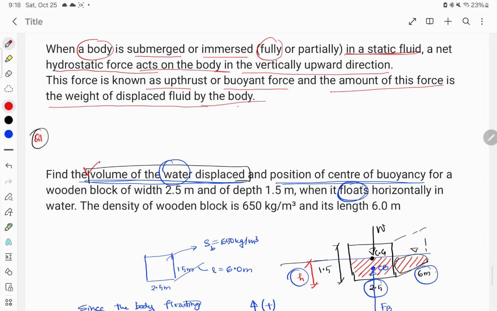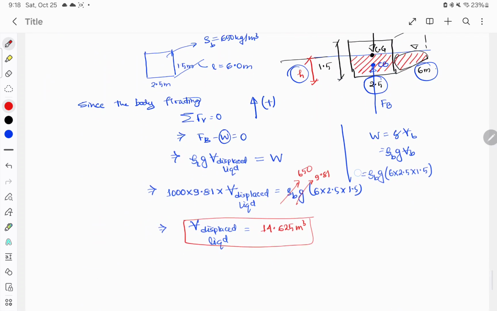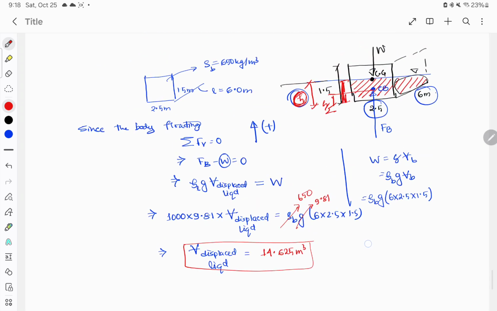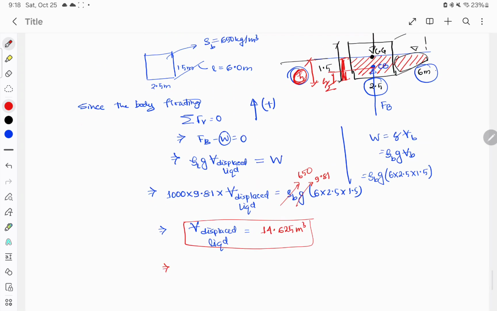But the volume was not the only question, they have also asked us the position of the center of buoyancy. So the position of the center of buoyancy is half of this h. If this was h, this is h by 2. So we just have to calculate h. The volume of liquid displaced is this height h, this width 2.5, and this length. So height into width into length will be equal to 14.625 meter cube.